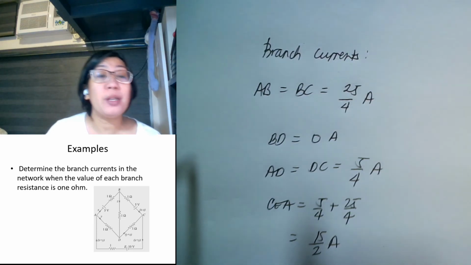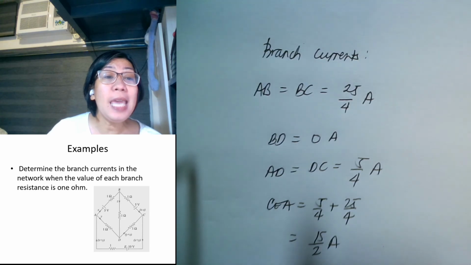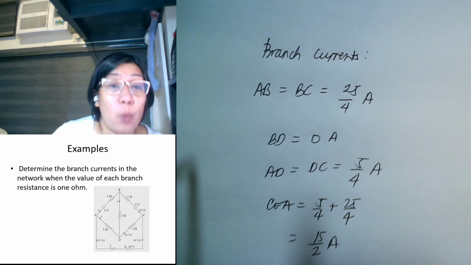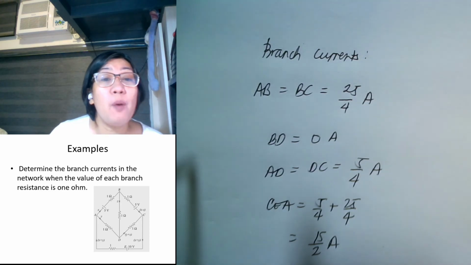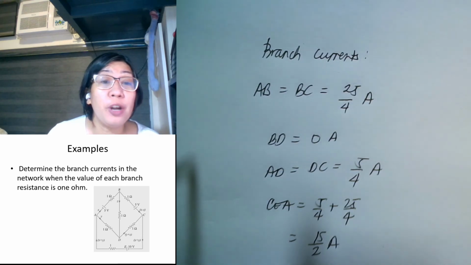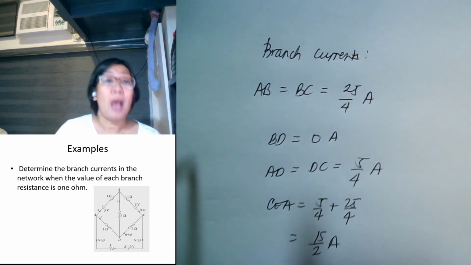Okay? And for C, E, and A, that is equivalent to X plus Y. So, X is 25 over 4, and Y is 5 over 4. So, therefore, the current at CEA is equal to 15 over 2 amperes.